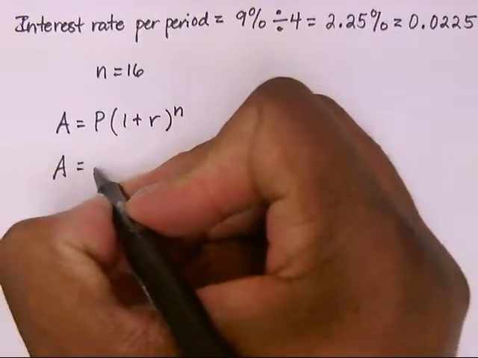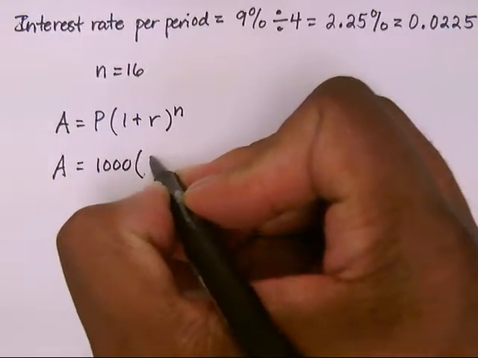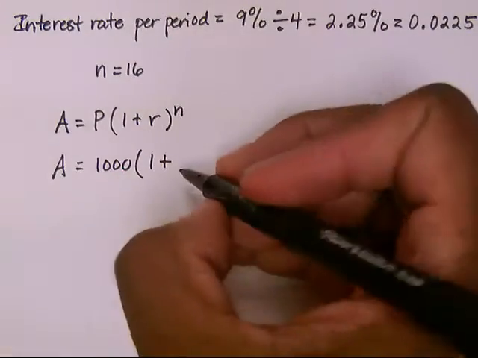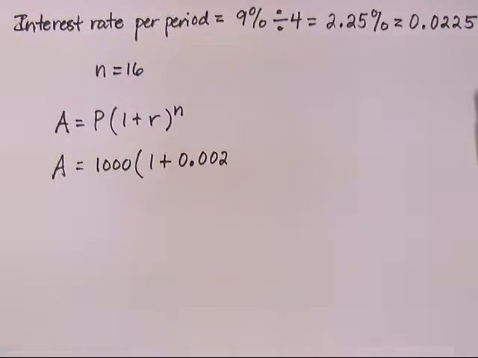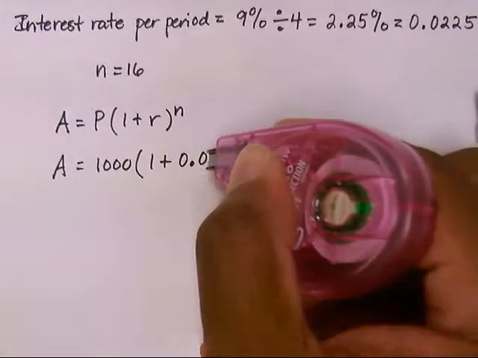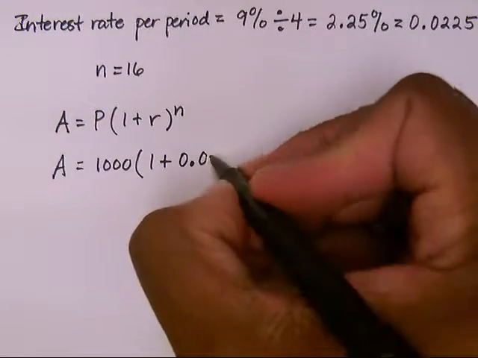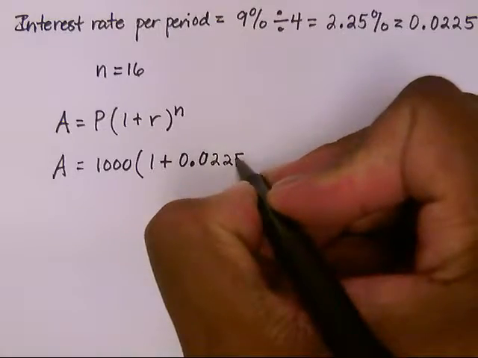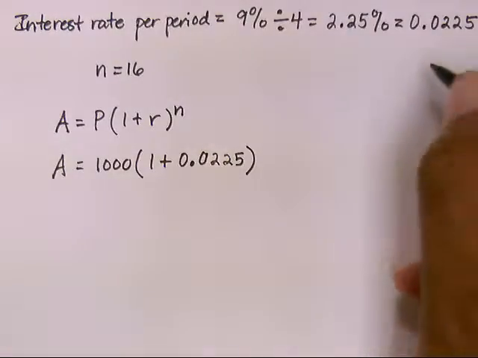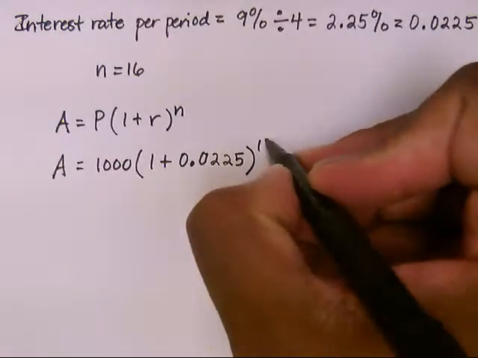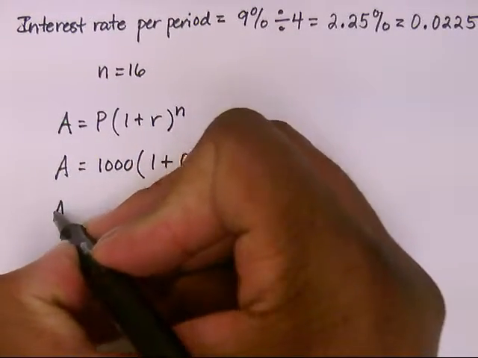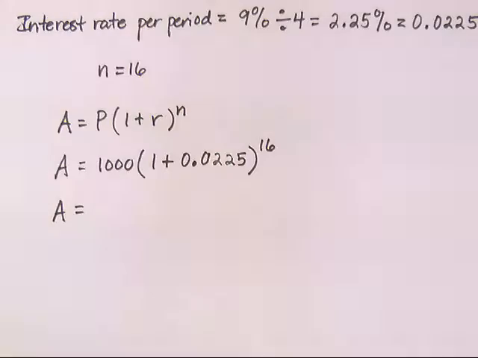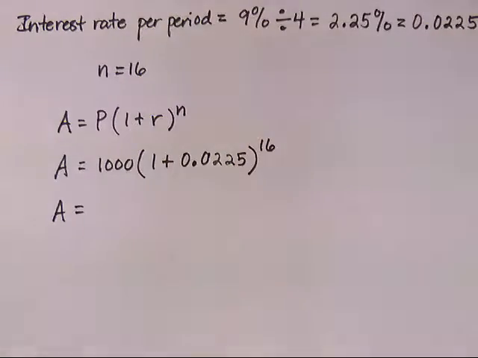So we have A is equal to 1,000 multiplied by 1 plus R as a decimal, 0.0225, and that quantity to the nth power, n is 16. And then we can type all of this into our calculator. If you have the TI-84 or 83 Plus calculator, it doesn't matter.